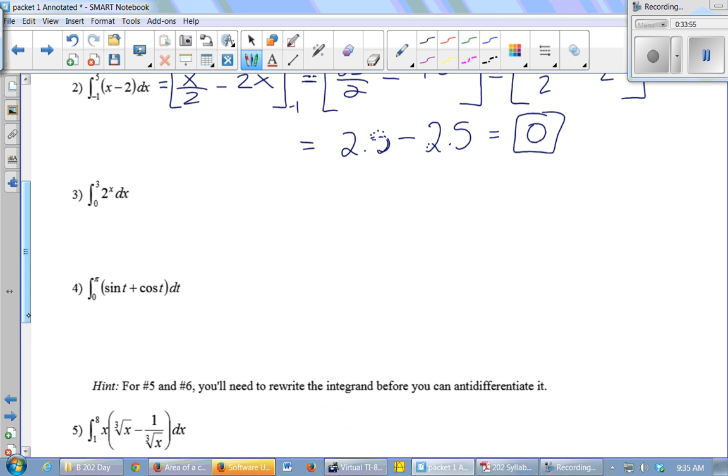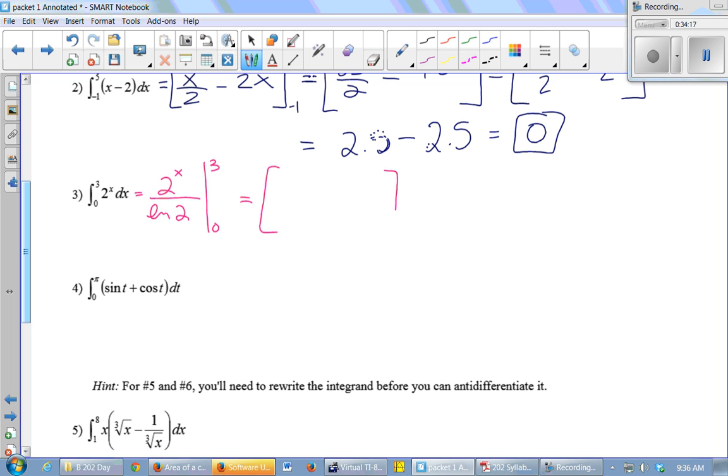All right, how about 2 to the x, a function whose derivative is 2 to the x? Two to the x over ln 2. And then I'm going to evaluate that from 0 to 3.